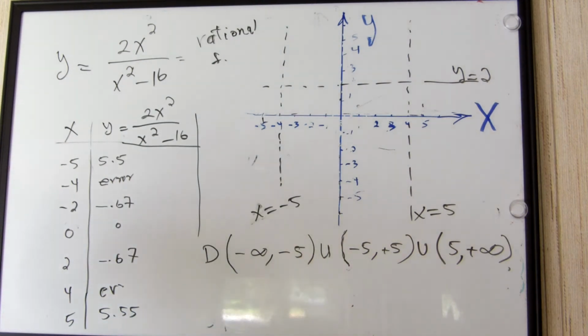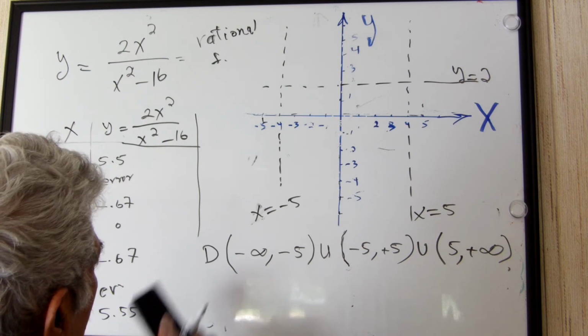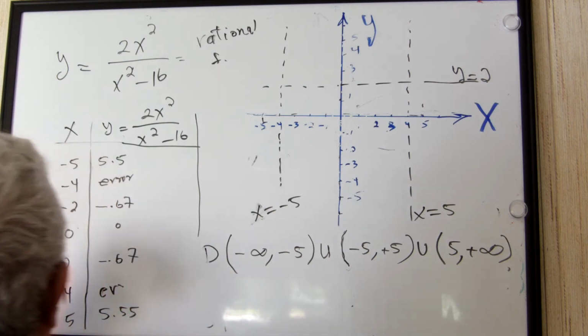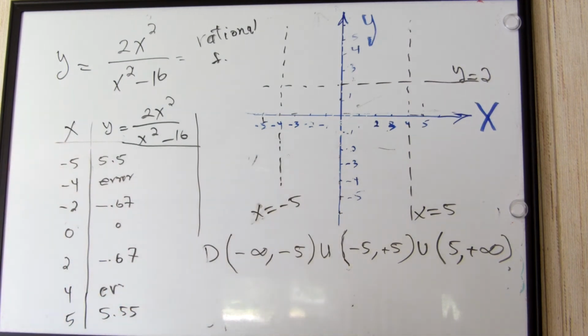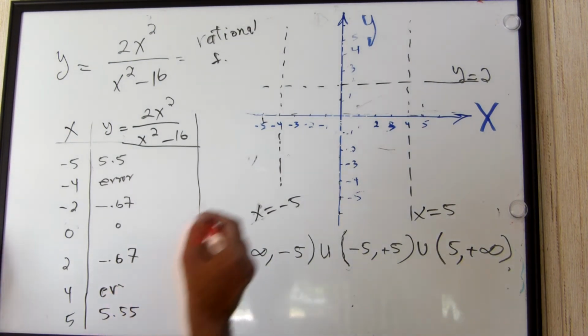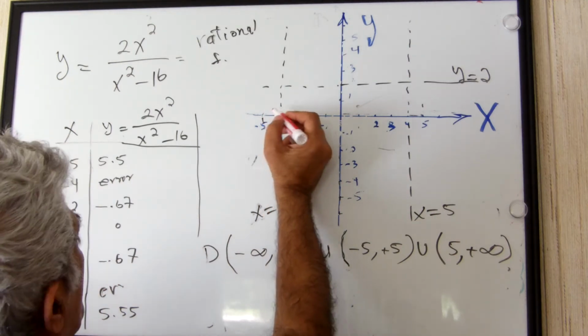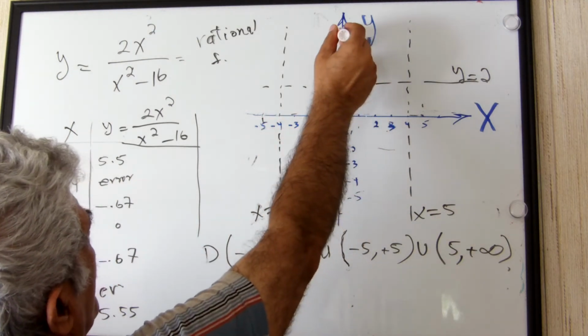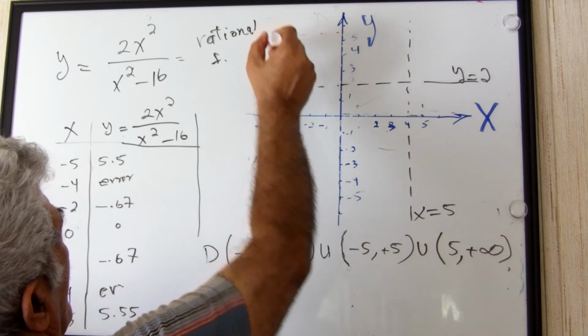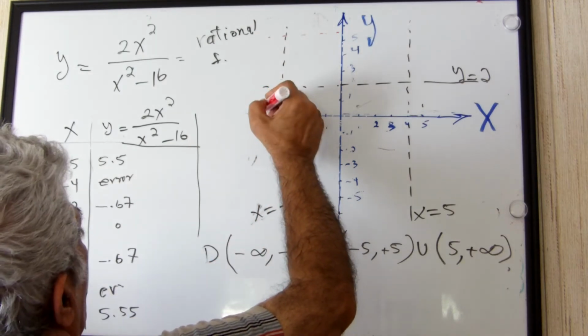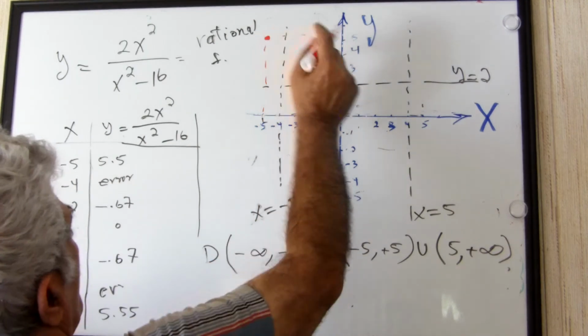So let's graph this. We put x equal to minus 5, which is going to be 5.5. It's going to be a point here.